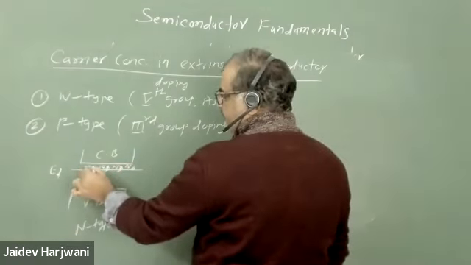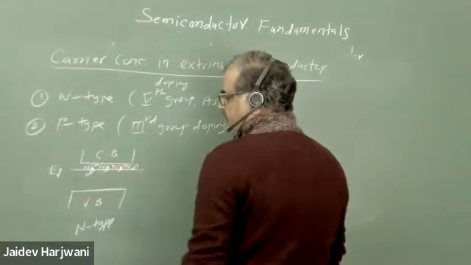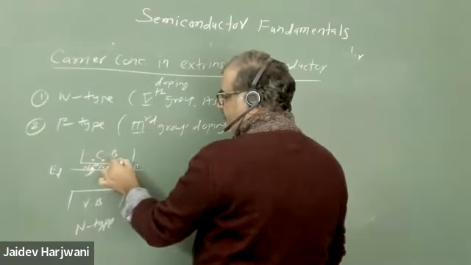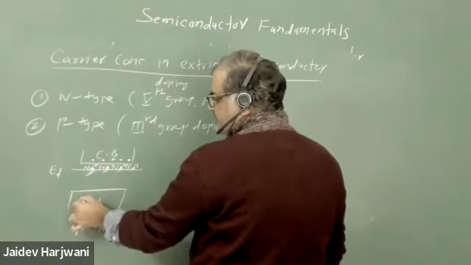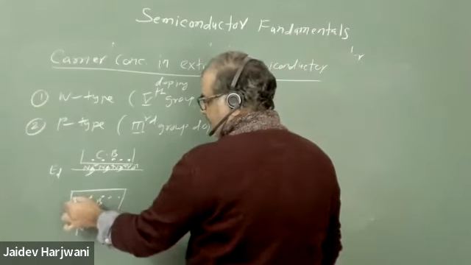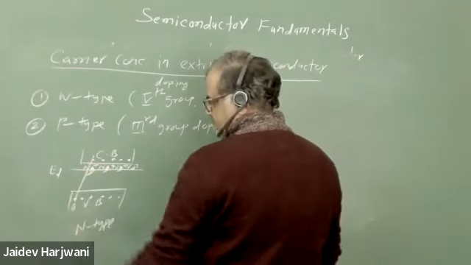So these at room temperature, these donors get ionized. So 4 atoms get ionized, you get 4 electrons here, or 5 ionized, you get 5 electrons here. And there's a possibility that electrons from the valence band can also come here. So if one is coming, you get one hole here.